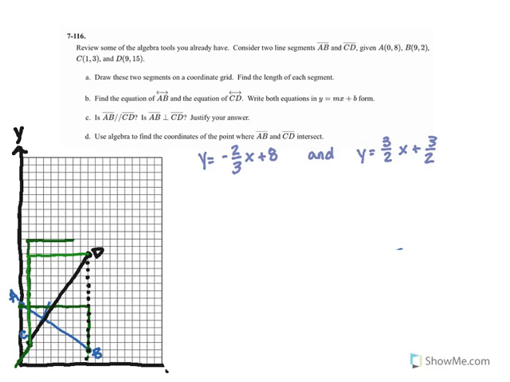And if you remember back from algebra, if I want to solve this system of equations, I would just set these two equal because they're both equal to y right now. So we're going to do just that, and we're going to set these equal.